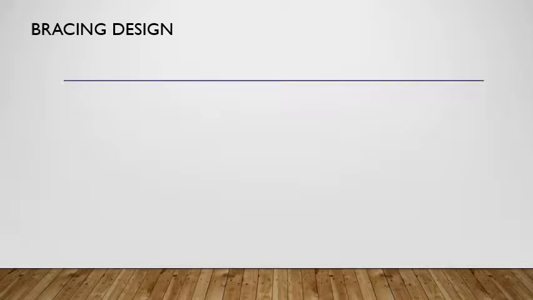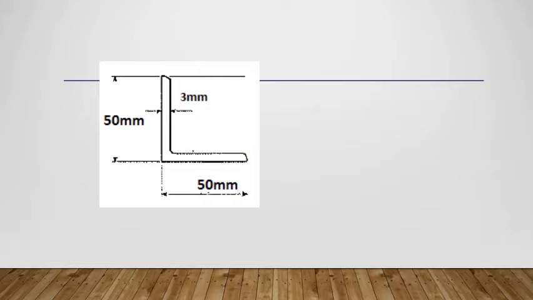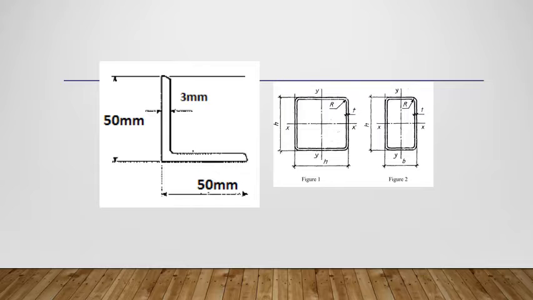In this table, all the force reactions of all structural members are stated. For the roof bracing, all the diagonal members will be designed as equal angles, and the compressive members will be rectangular hollow sections.